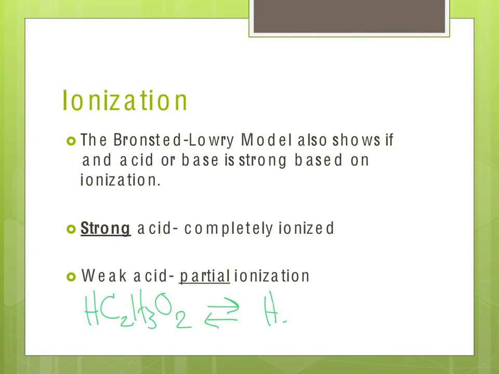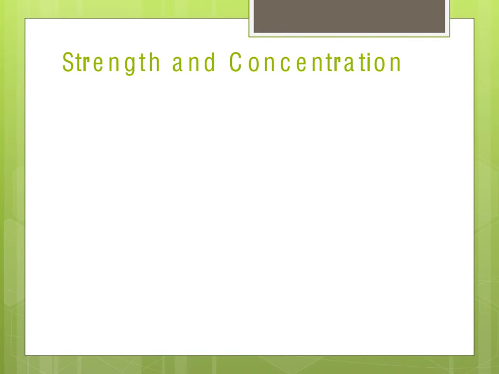And so some of it will form hydronium ions, or H+, and some of it is going to form the acetate ion, but not completely. In fact, only about 10% or less than 10% will actually dissociate and ionize when you put it in solution. That's the main difference between a strong acid and a weak acid, is how much it ionizes when you put it in solution.